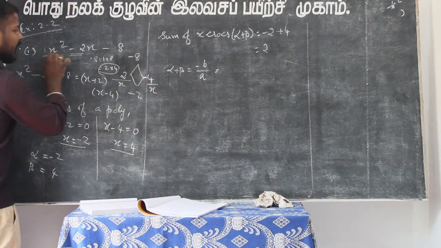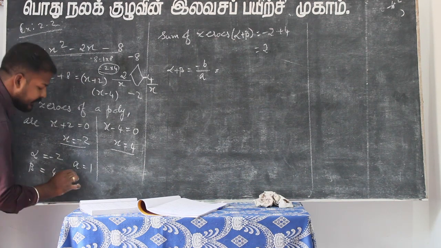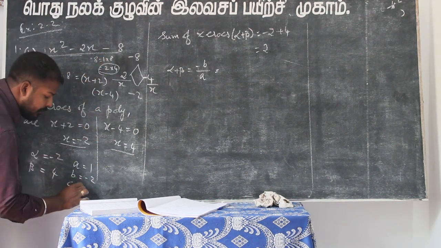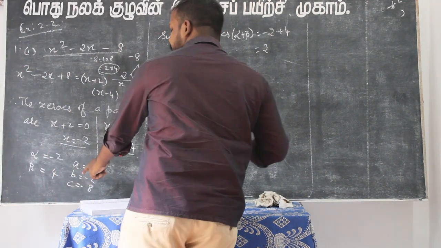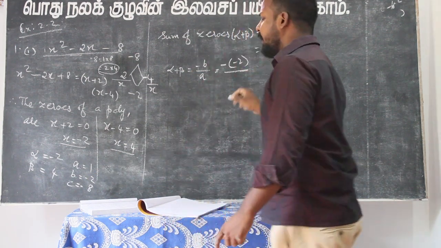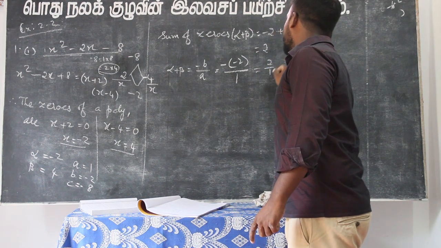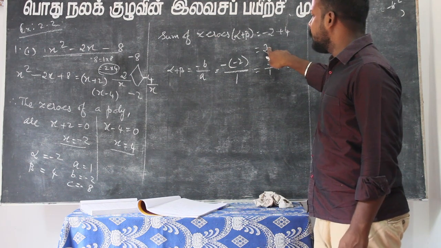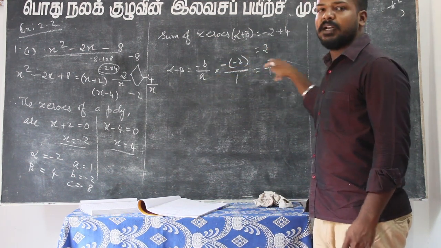From the given polynomial, a is equal to 1, b is equal to minus 2, c is equal to minus 8. Substituting, minus b is minus of minus 2, divided by a which is 1, so 2 divided by 1 is equal to 2. So both are equal: alpha plus beta is 2, and the coefficient expression minus b by a is also 2.